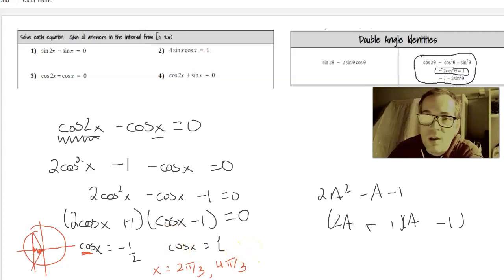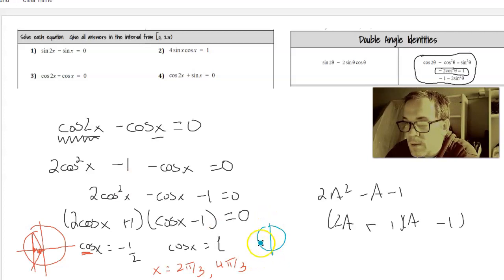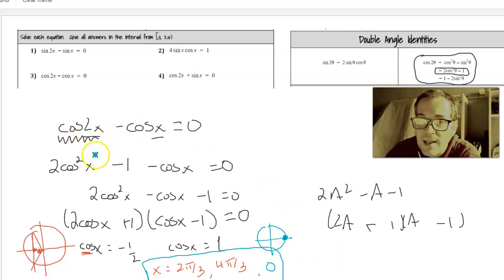And then for the cosine of x equaling 1, that happens right here at 0. And those are all my answers between 0 and 2 pi, but I had to start by getting everything as a cosine of the same type of angle by deploying this specific version of this double angle formula.